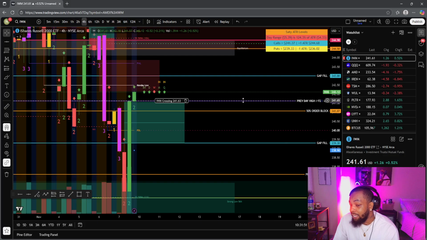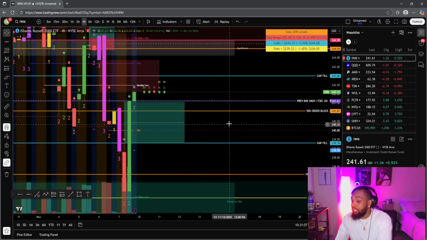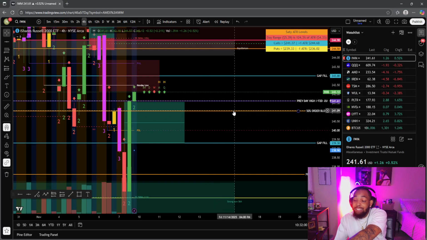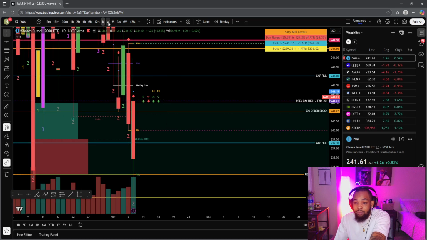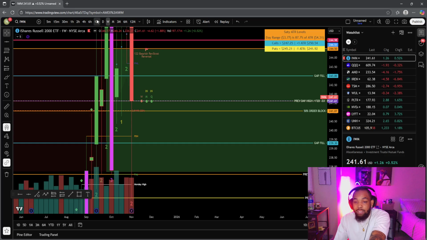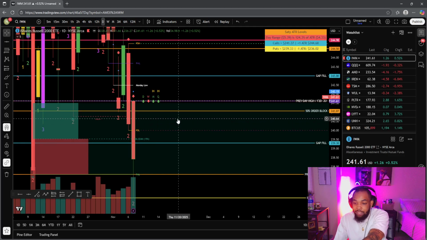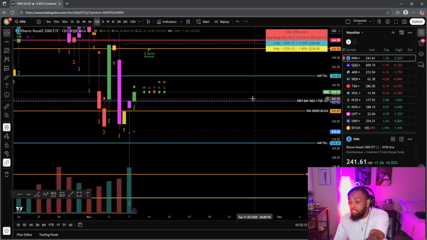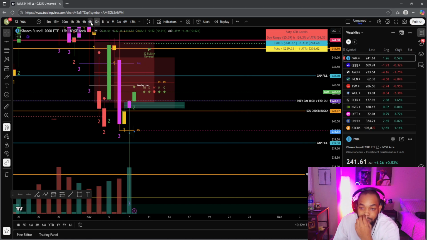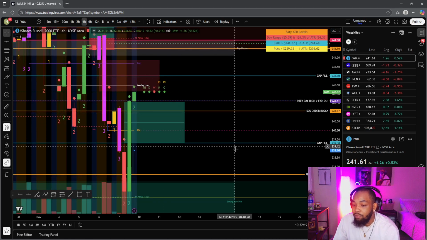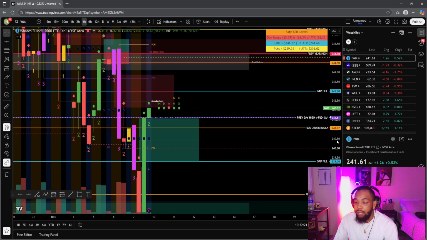I could probably even take it if price breaks below this 241.63, but just for a short entry, because I know this is a 50% order block on a higher time frame. I believe this is the daily, or weekly. It's probably a weekly, right? Yeah, it's the weekly, but it's literally aligned with the daily right there. So if price breaks below that order block, okay, cool. Then I will target that gap fill down there on that 4-hour time frame. So cool, that's what I got.